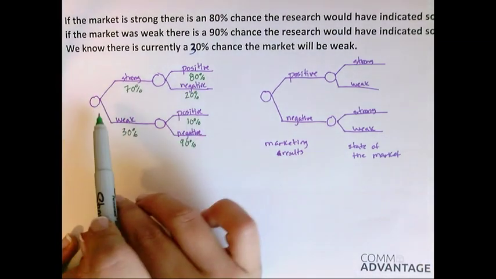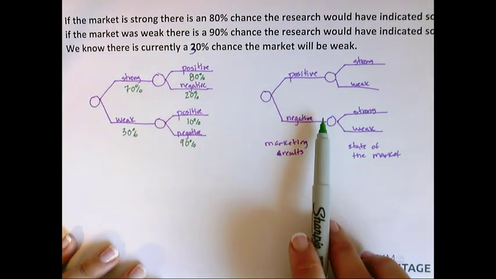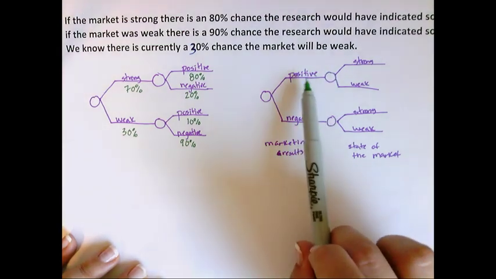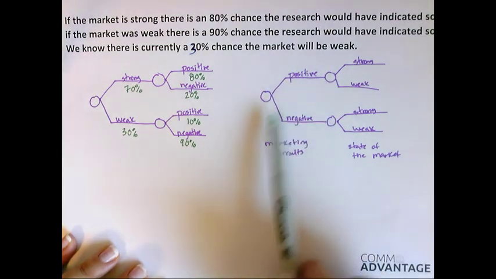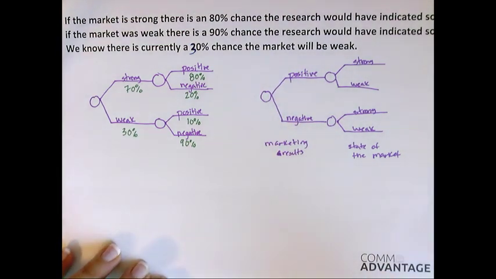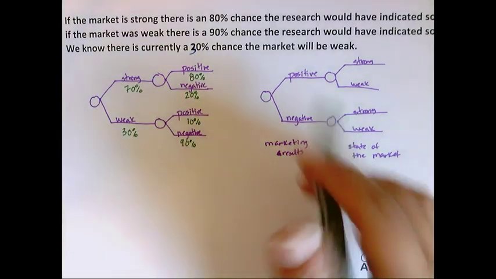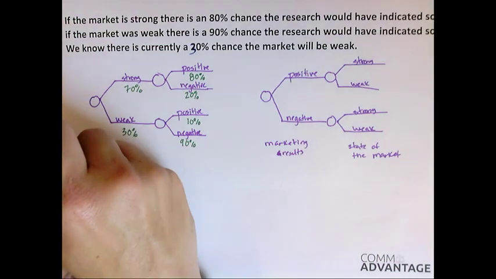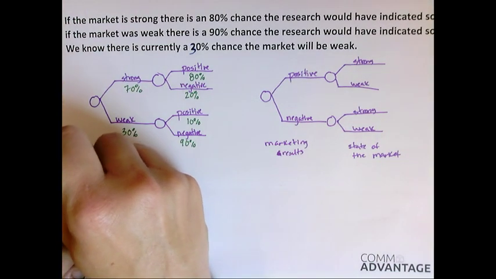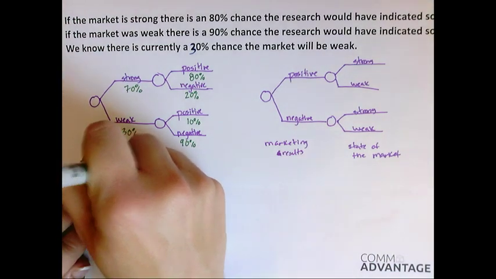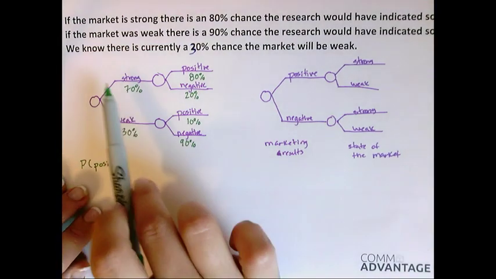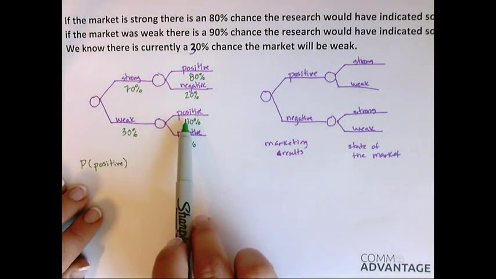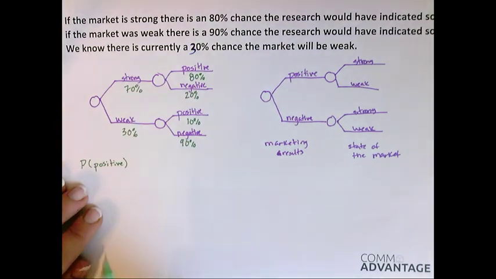So in this scenario, again, we're trying to reverse. Like in the last problem, figuring out the probability of it just being positive or just being negative is your first go-to. So I'm going to choose positive. It actually doesn't matter which one of these you select. And so my probability of getting a positive result is again the combination of the branches that contain positive from the original tree.